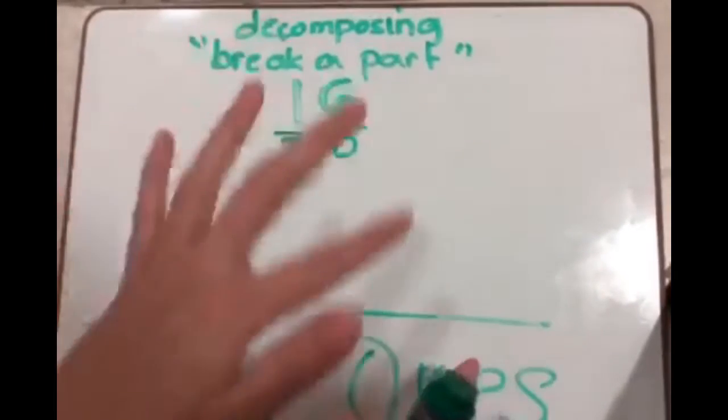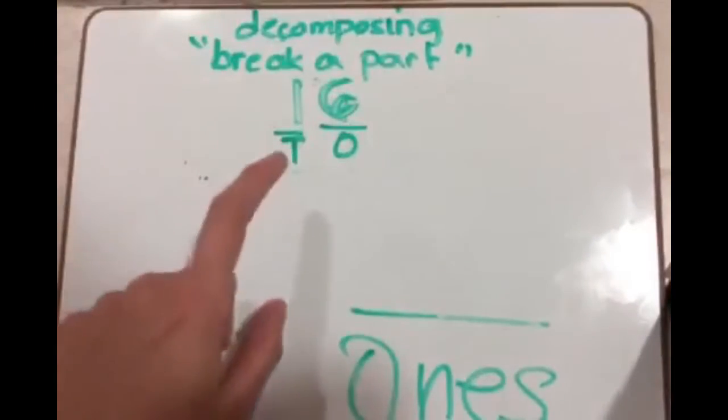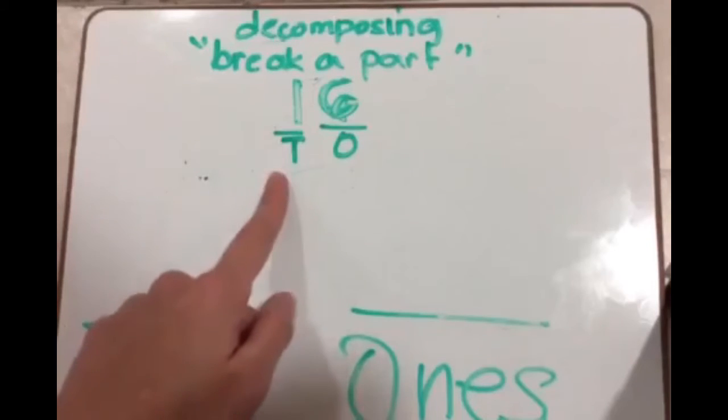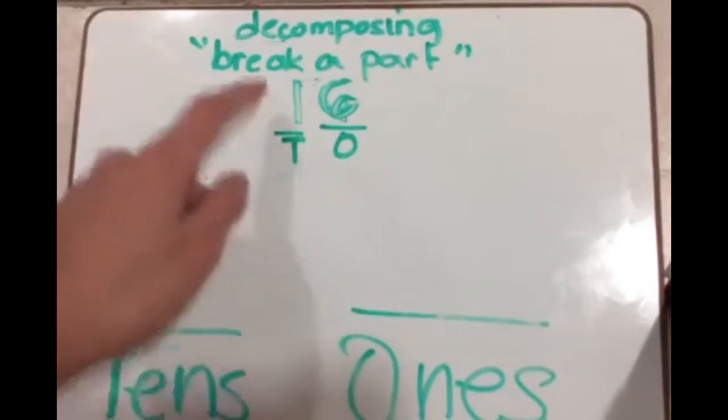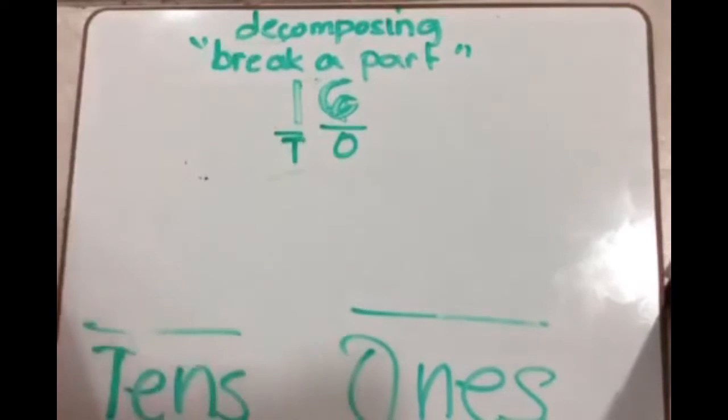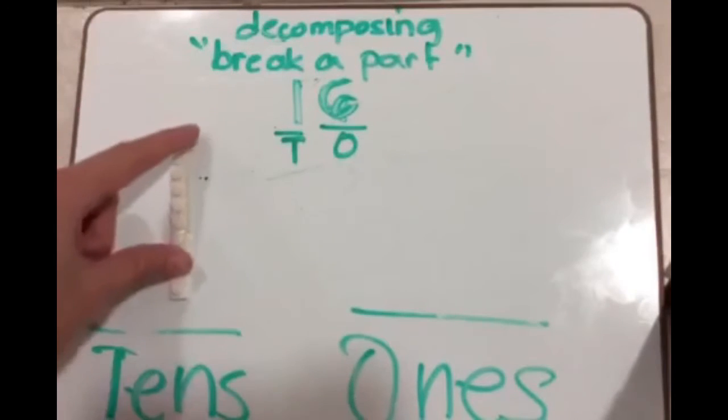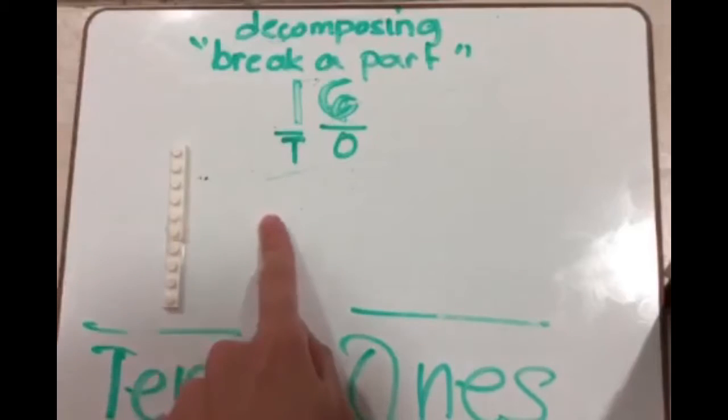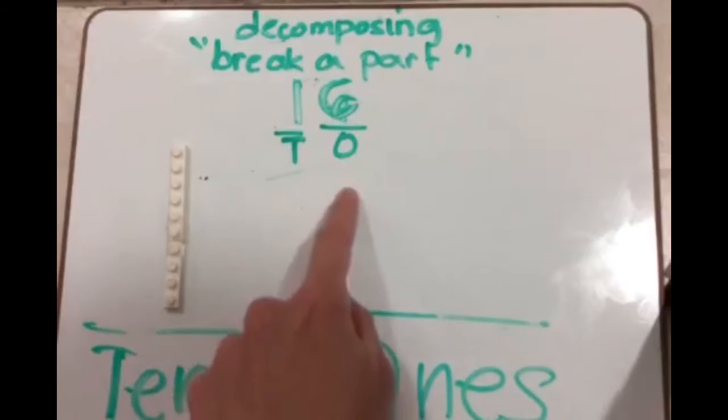So if I look here, my first digit in the tens place is 1. So I need to show one group of tens. Now, for my second digit, which is 6, 6 is in the ones place.